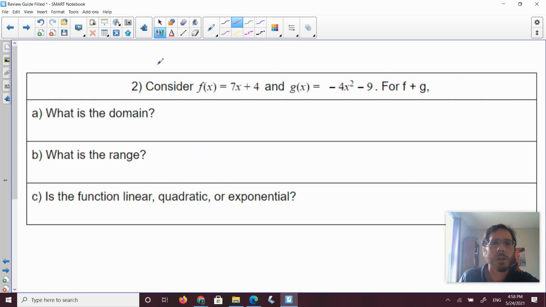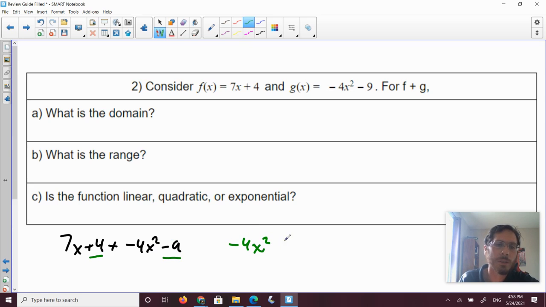All right, for number 2, we've got these two equations. f of x is 7x plus 4. That's a linear equation. g of x is negative 4x squared minus 9. That's a quadratic. We have to add f of x plus g of x. So I'm just going to add those down here at the bottom. 7x plus 4 plus negative 4x squared minus 9. There's not too many like terms to combine. We've got minus 9 and 4.